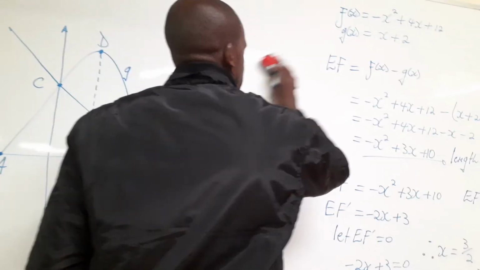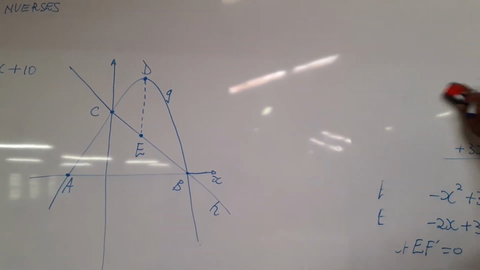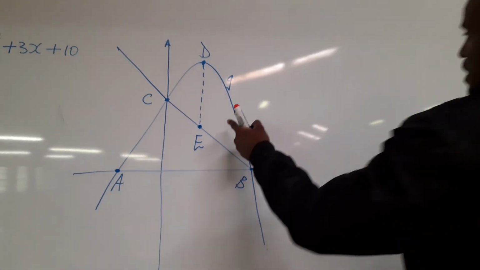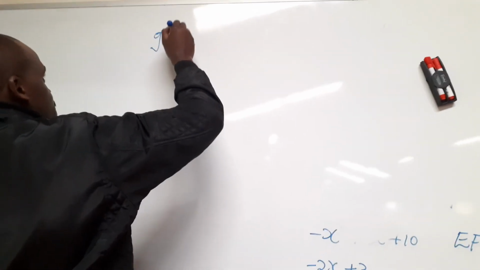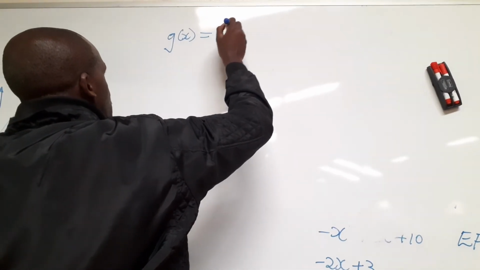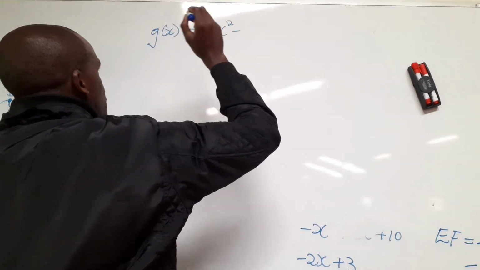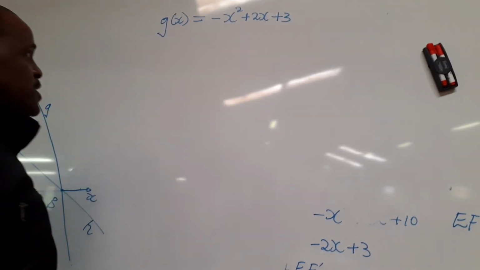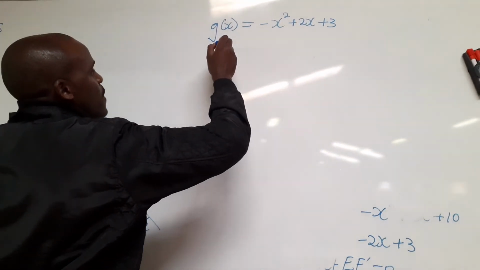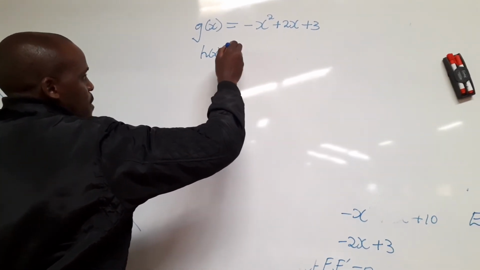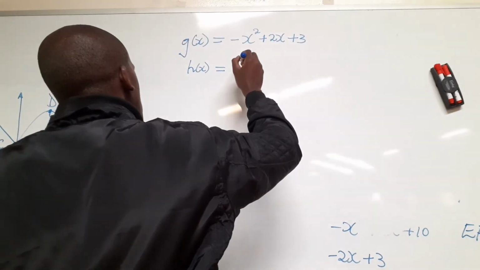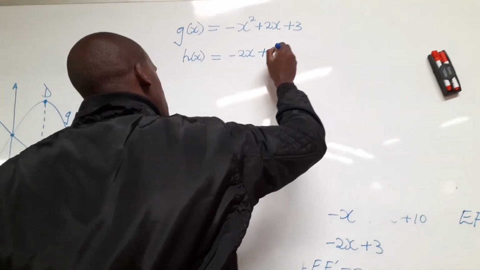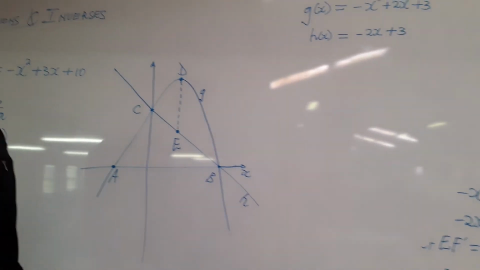If we were to write the equation, let's say g at x is given by this equation. Right. Let's say we have the two equations.